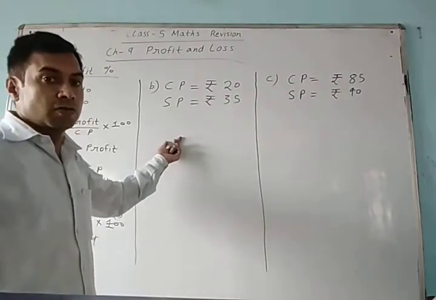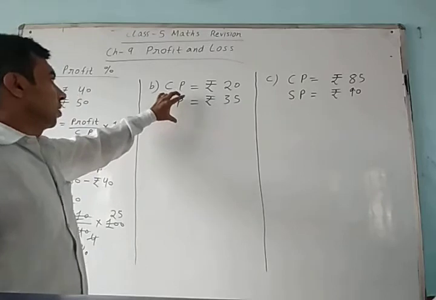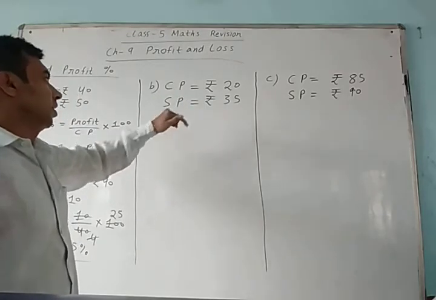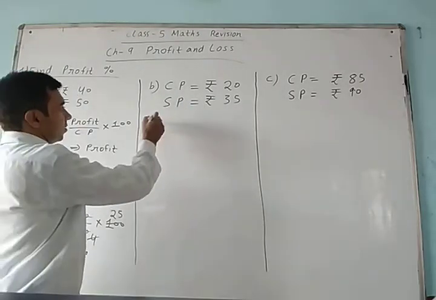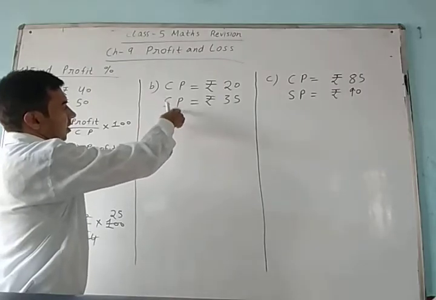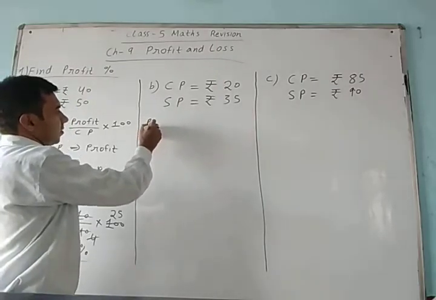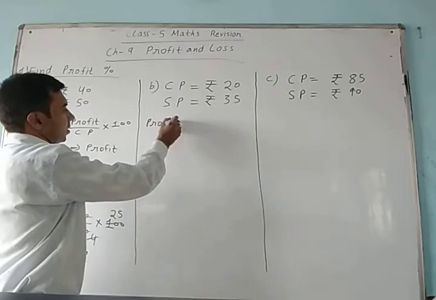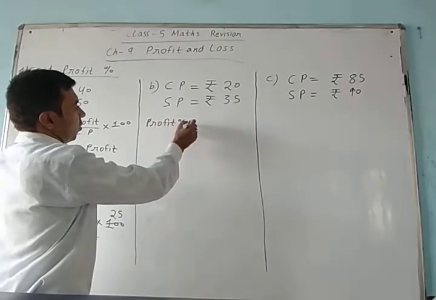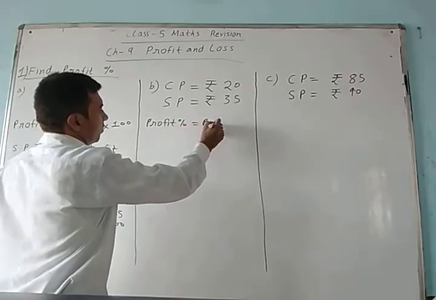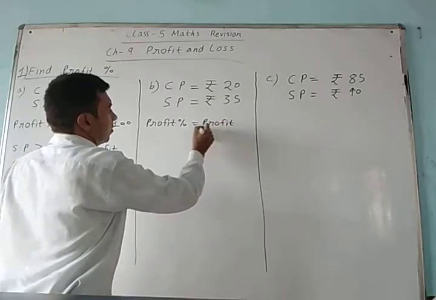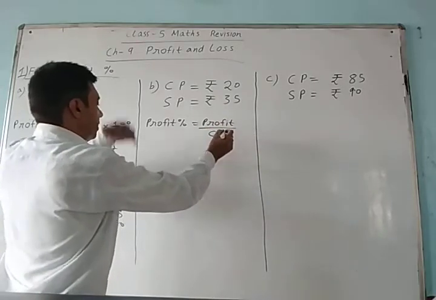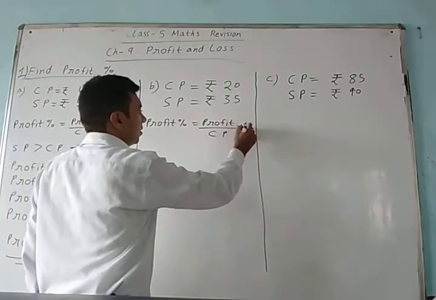Now next question, student, cost price rupees 20, selling price rupees 35. So selling price is greater than cost price. Now we have to find out profit percent. Profit percent is equal to profit upon CP into 100.